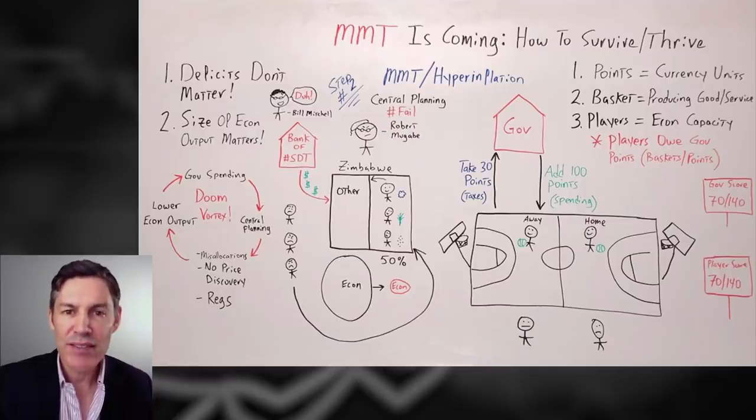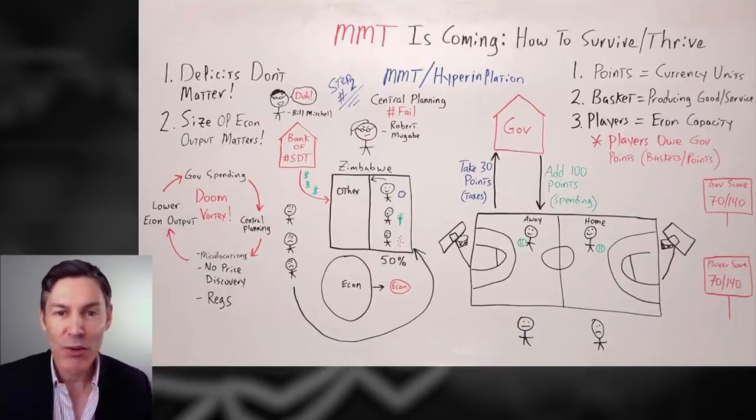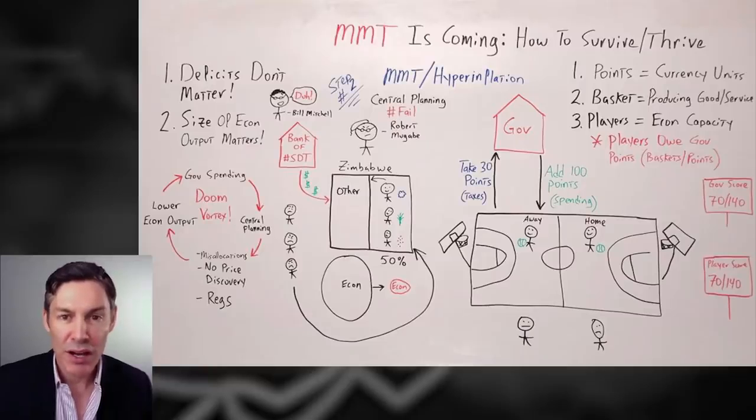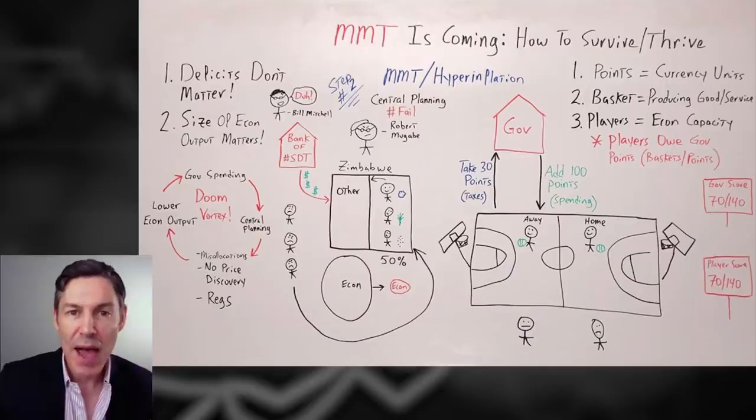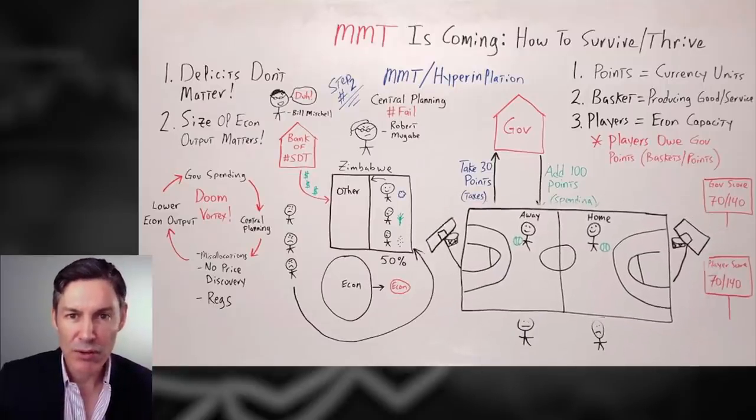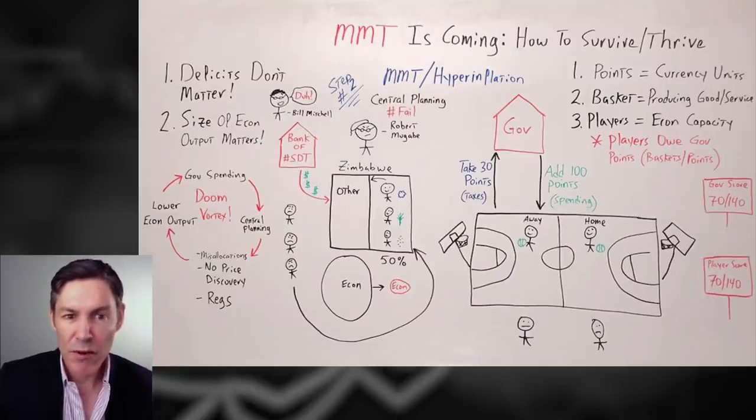It's really just the size of the economy. Can the economy keep up with the money printing, or is the money printing exceeding the rate of growth in the economy? That's really the question we should be asking. Taking it back to the example of basketball, just to keep things very simple. From Mitchell's standpoint, he's saying that, listen, it's all about the number of baskets the players are making.